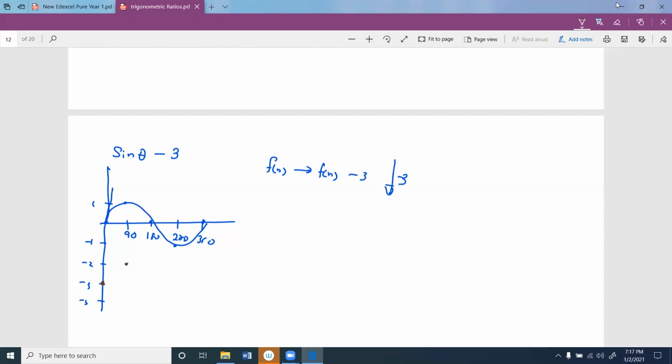Again, 180 comes up over here. -1 turns up to -4. And again, this point comes up over here. So if you just draw this graph, you can see the graphical behavior is like this. It travels 3 units downwards. That's the fact we have to understand about this transformation, the f(x) sine theta minus 3 graph.